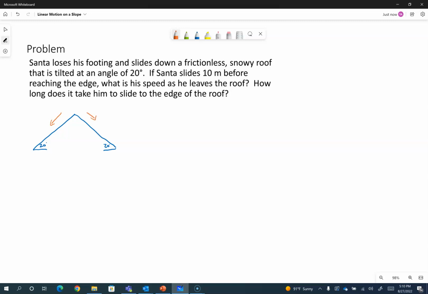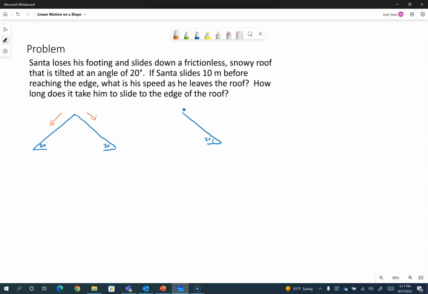We ultimately just need to choose which one we want to use and go with it. One is not any better than the other. So I'm going to just draw over here to the right. Let's say Santa is at the top up here, and he goes down to the right.